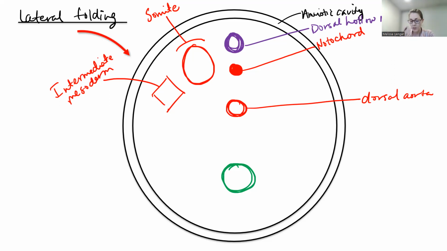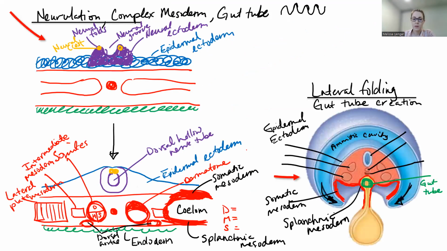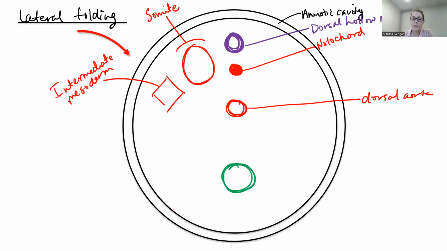The hardest part of drawing this is what do you do with your lateral plate mesoderm? Because it's kind of weird, right? The lateral plate mesoderm split into an upper part and a lower part, and then we created the celome between. This I find is the hardest part for me to draw, and sometimes the hardest part for you guys to figure out too.